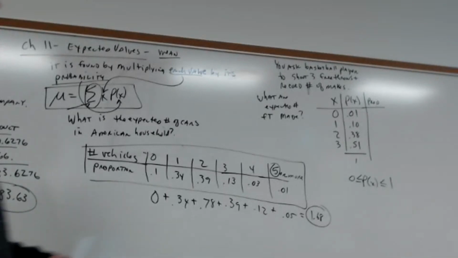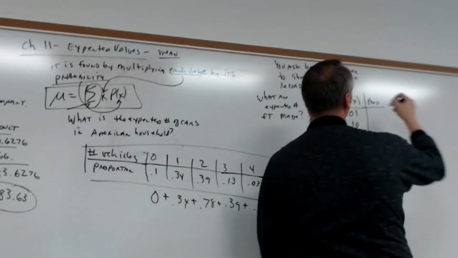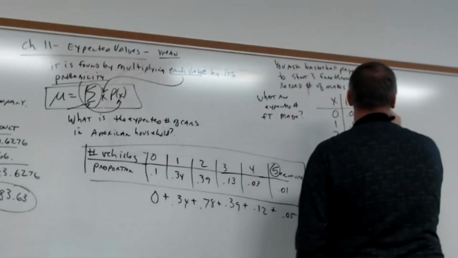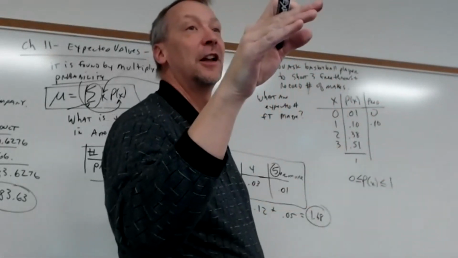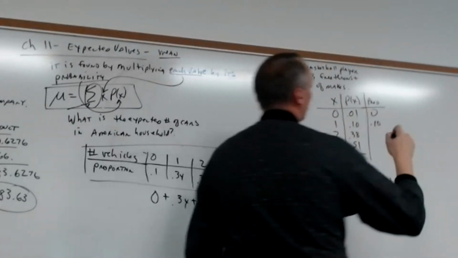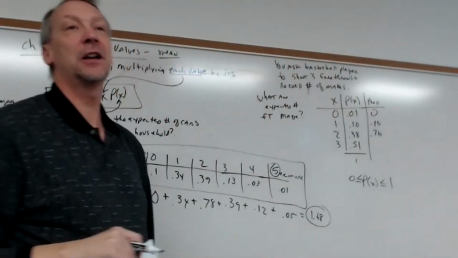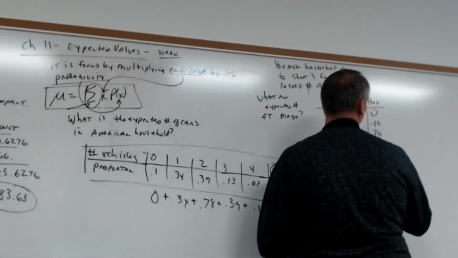Okay, so I'm going to multiply 0 times 0.01, and you can tell me that is 0, and 1 times 0.10. 0.10, the human calculator from Oregon. 2 times 0.38. 0.76. 3 times 0.51. 1.53, very good.